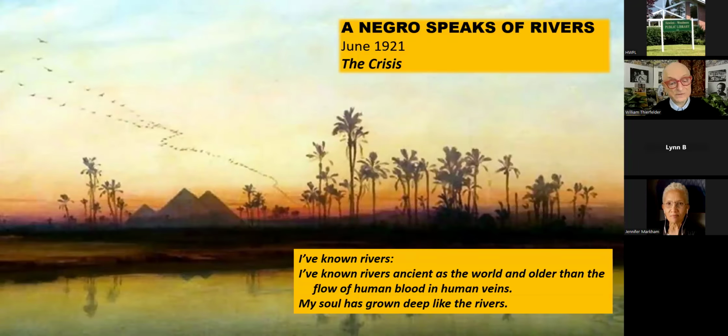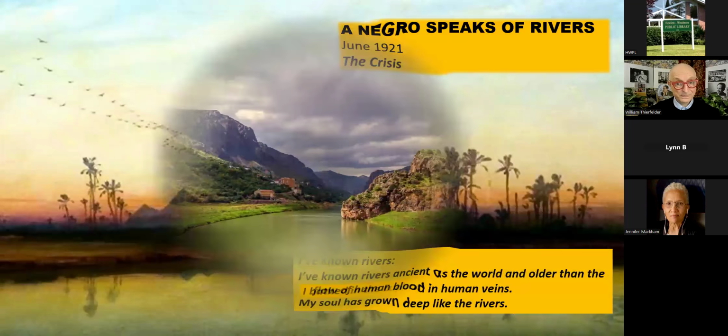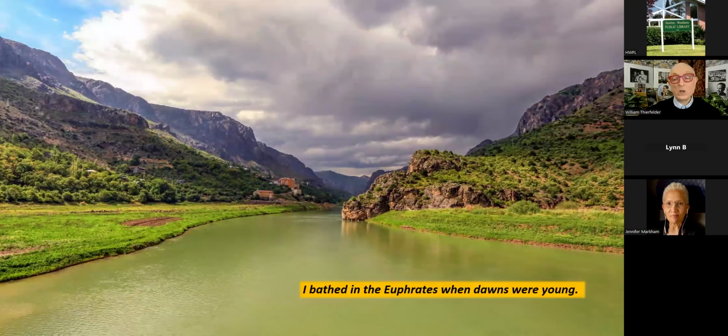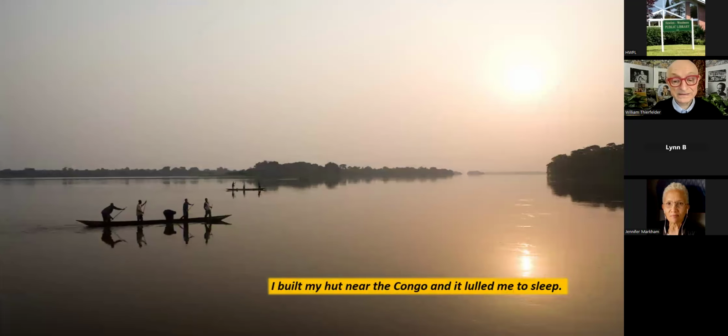I've known rivers. I've known rivers ancient as the world and older than the flow of human blood in human veins. My soul has grown deep like the rivers. I bathed in the Euphrates when dawns were young. I built my hut near the Congo and it lulled me to sleep.